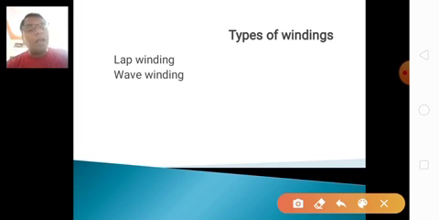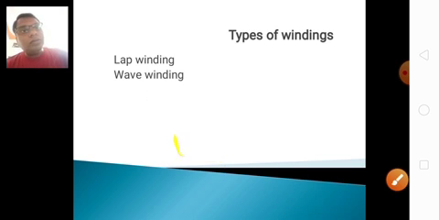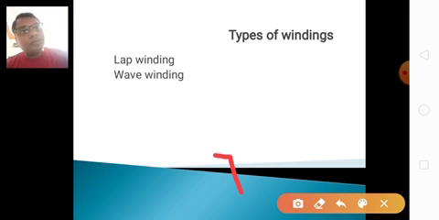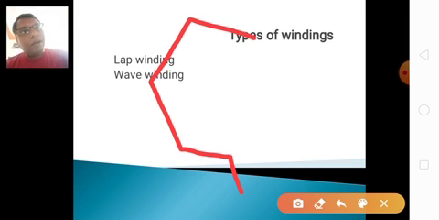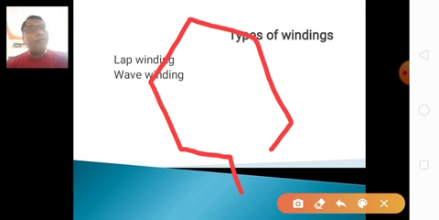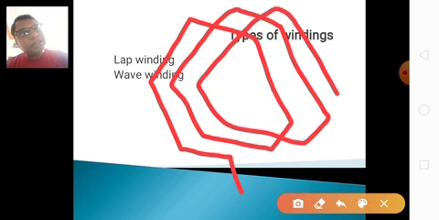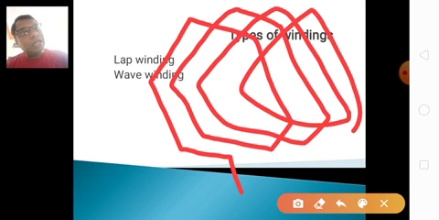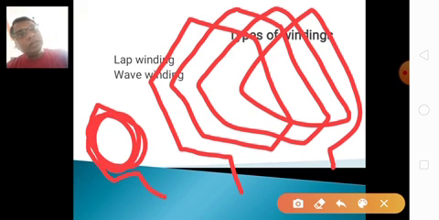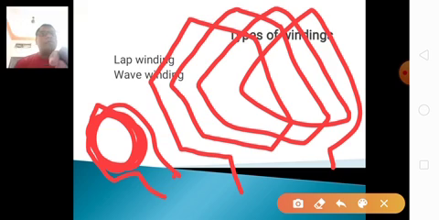Here lap means overlap. Suppose this is one winding of a coil and this will overlap.